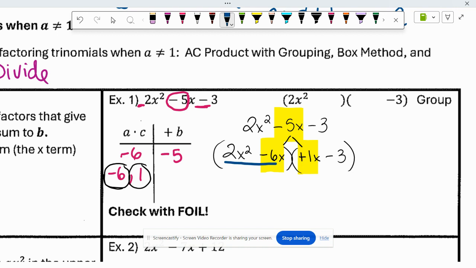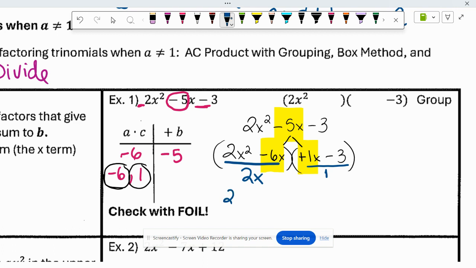So what is the greatest common factor between 2x squared and -6x? They're both divisible, they're both even, so I can take out a 2. God bless you. And they both contain an x. What about this next one? What's the greatest common factor between 1x and -3? Just 1.